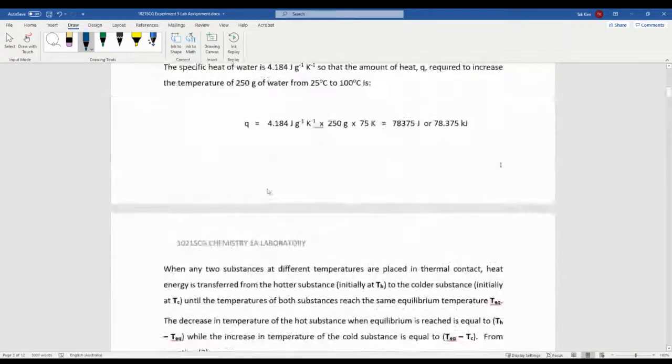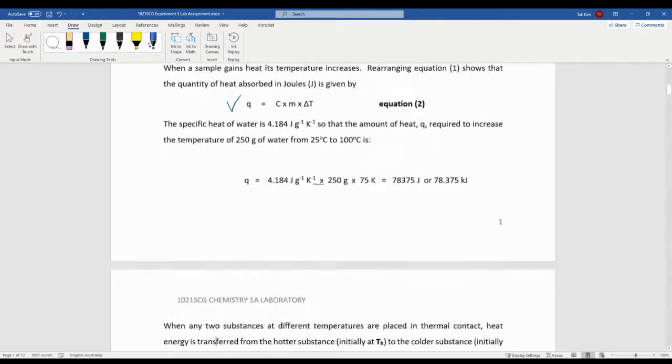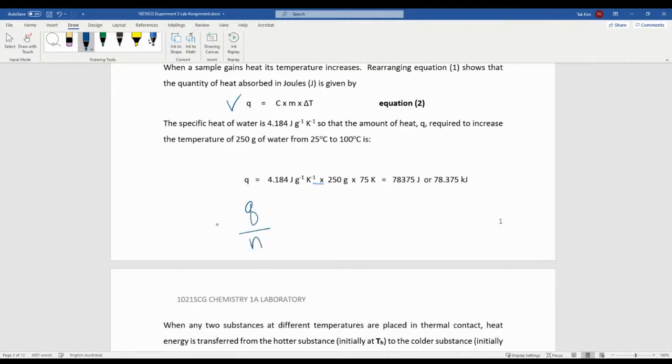Once we find out heat in joules or kilojoules, you need to use the number of moles, and then you need to find out changes in enthalpy, which will be your Q value over number of moles.